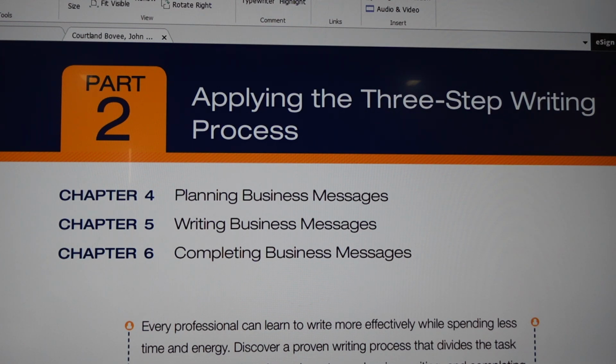Unit 5, crafting brief message. In next class, we'll move to part 2. Writing brief messages.